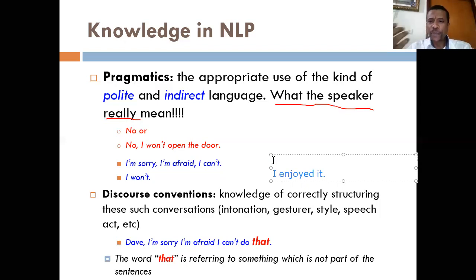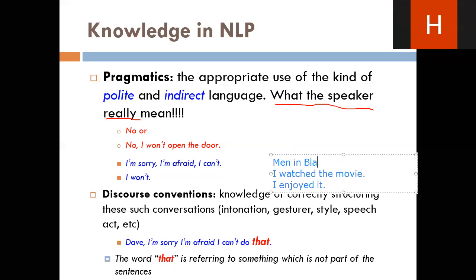Which means you cannot actually understand this one unless you have prior knowledge, right? You need to have prior knowledge about something. So if I say I watched the movie, then next to that, if it says I enjoyed it, it means it is a movie. But which movie? Then you can say, the movie watched is, yeah.